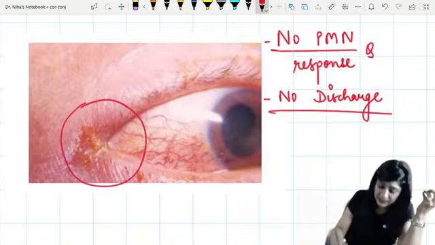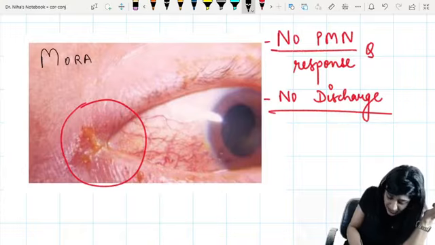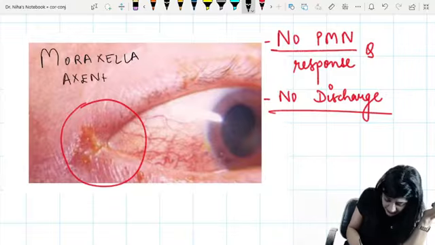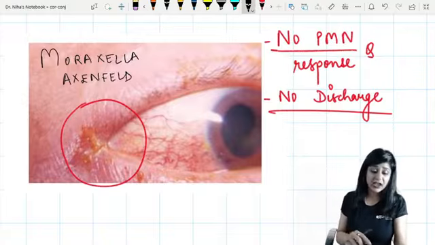We are getting the eczema. So this is caused by the Moraxella Axenfeld. Now can you tell me what is this? It is caused by the Moraxella Axenfeld. So what kind of conjunctivitis is this? Very frequently asked.